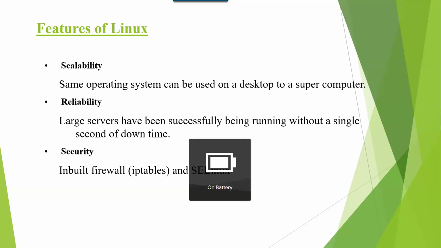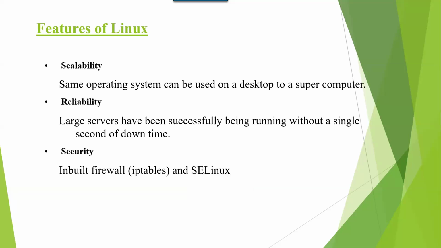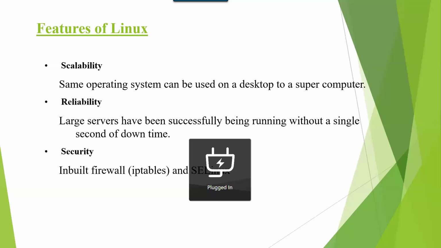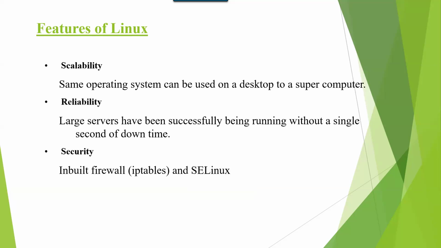Before transferring the data to the hardware environment, the kernel first checks whether the data is supported by the hardware or not. If a virus is coming, the shell converts it into zeros and ones and transfers it to the kernel.